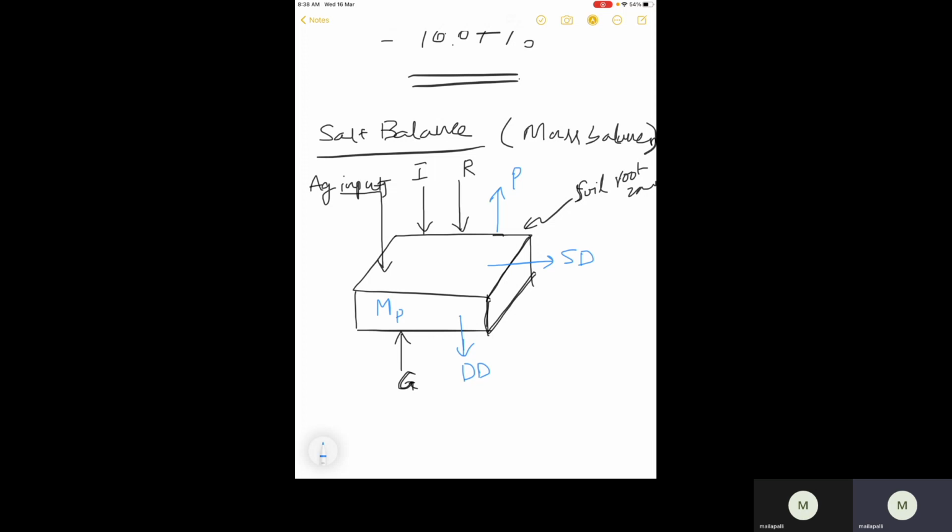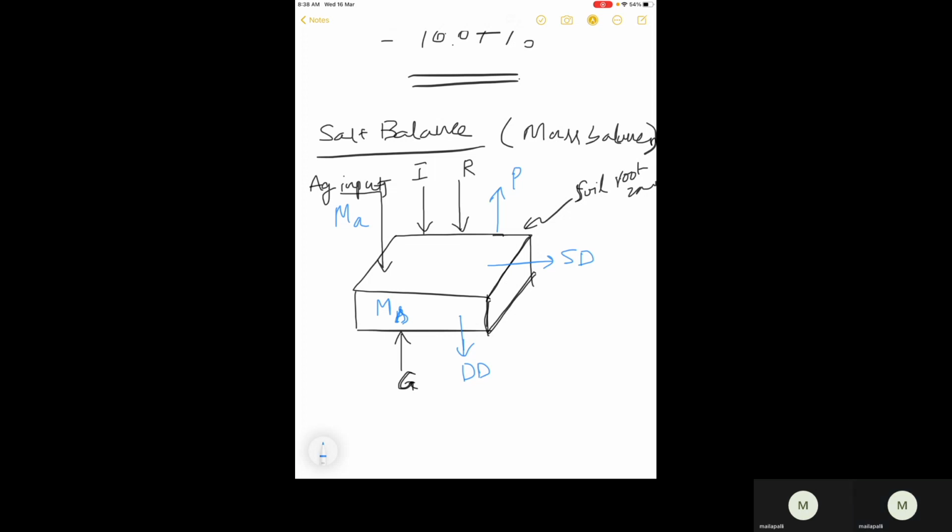let's say this is from salts present in, let's put the S. And this is agricultural inputs, that's MA, which you're applying down, right?